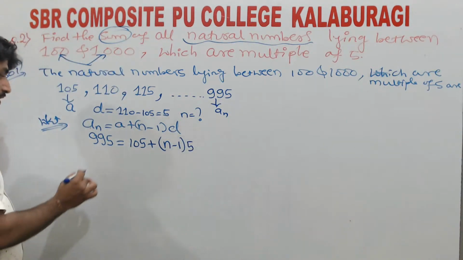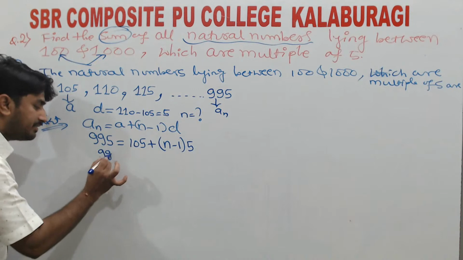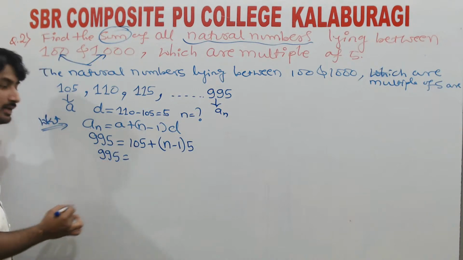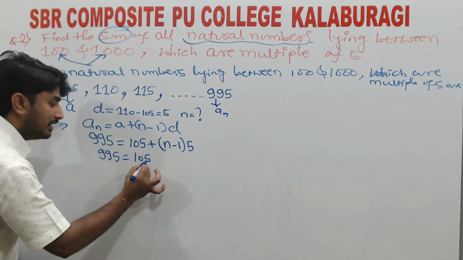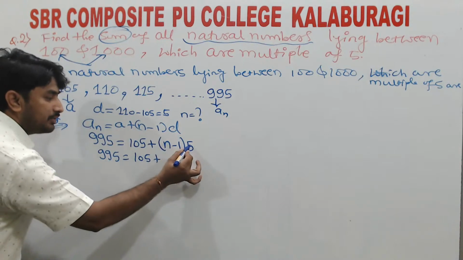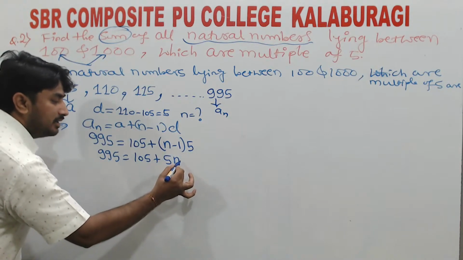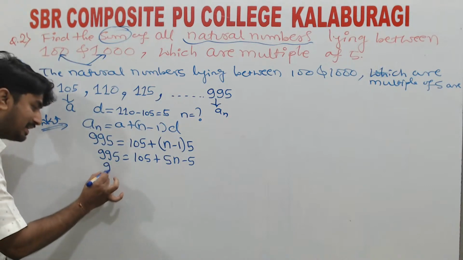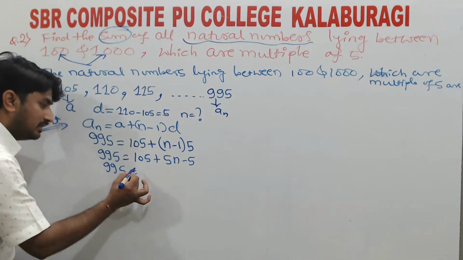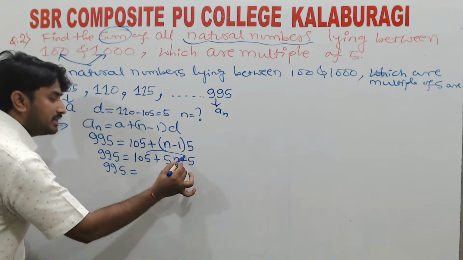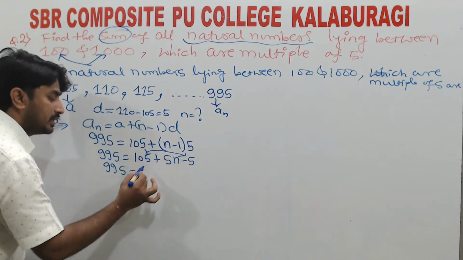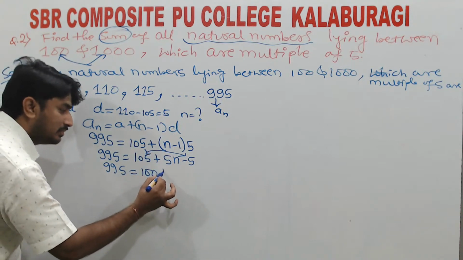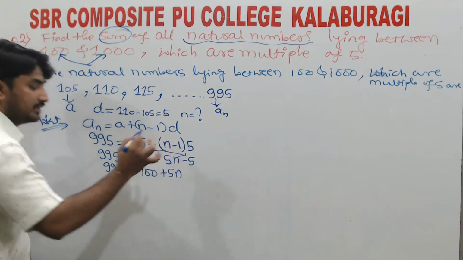So 995 equals 105 plus 5n minus 5. Now 995 equals 100 plus 5n.